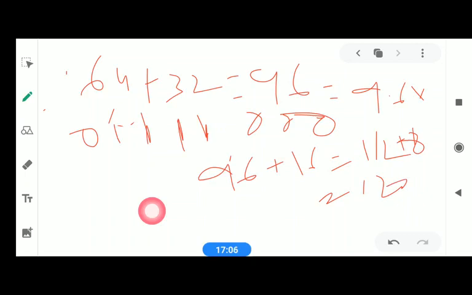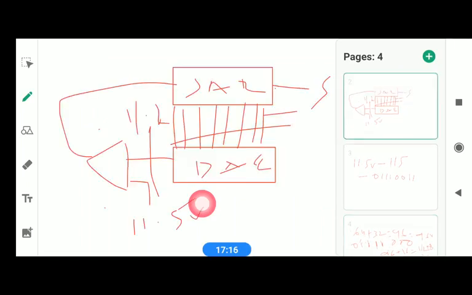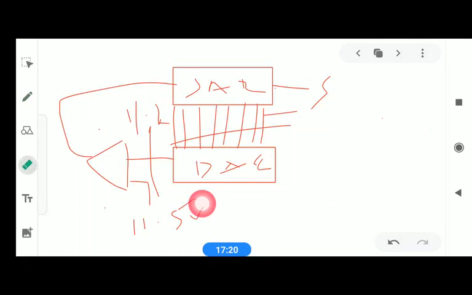For this value, which is 120, it will produce a voltage of 12.0. Now you see this 12.0 is greater than our applied input, that is 11.5.